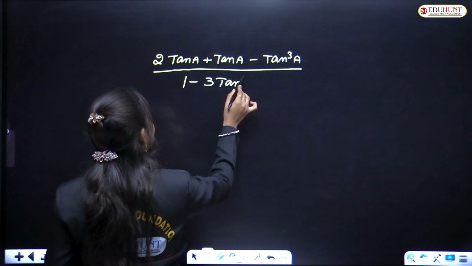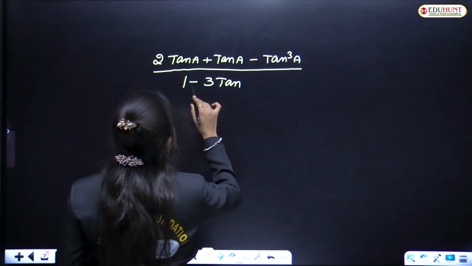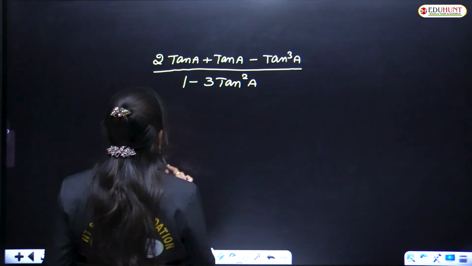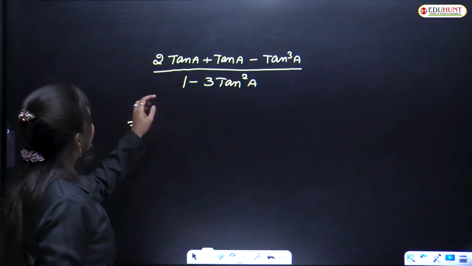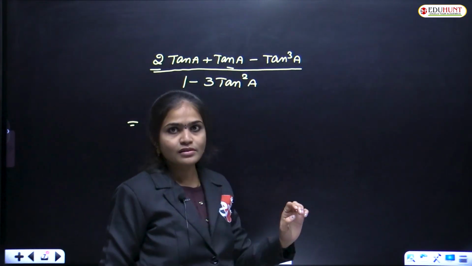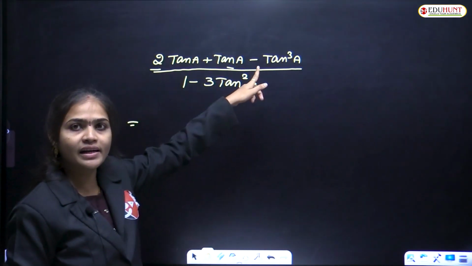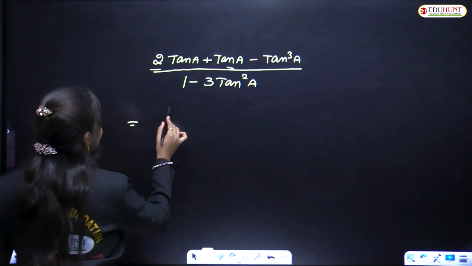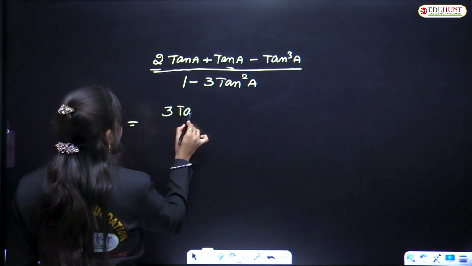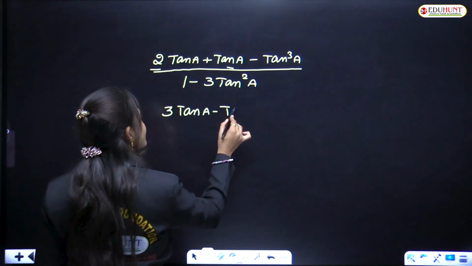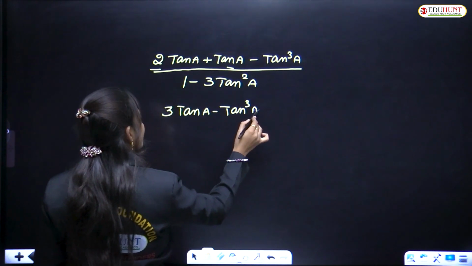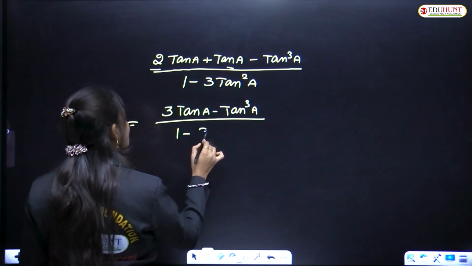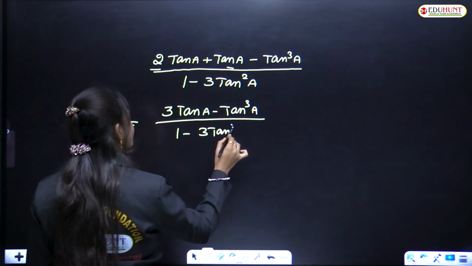Half of the answer is completed, almost completed. So 1 minus 3 tan square a. So which is equal to here 2 tan a plus tan a. So here 2 times and here 1 time, so totally 3 times. So 3 tan a minus tan cube a whole by 1 minus 3 tan square a.